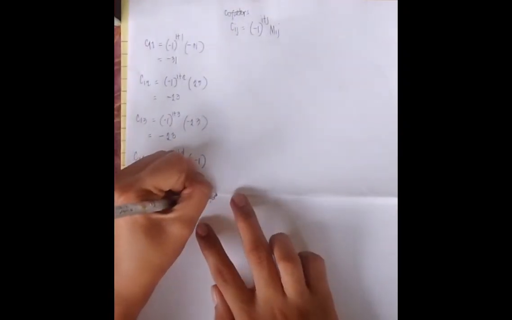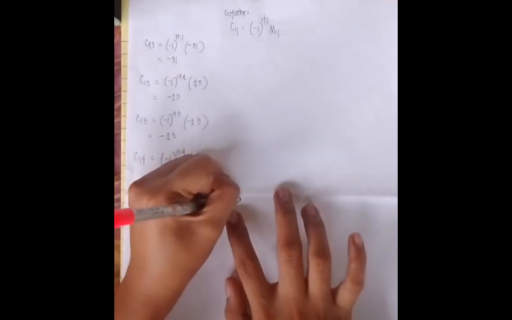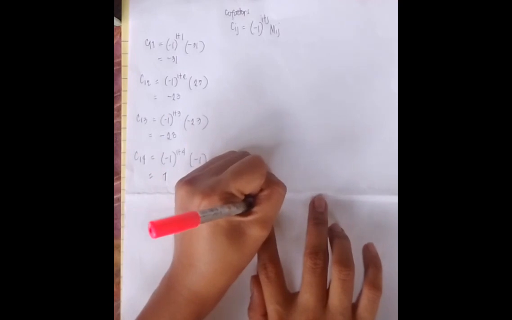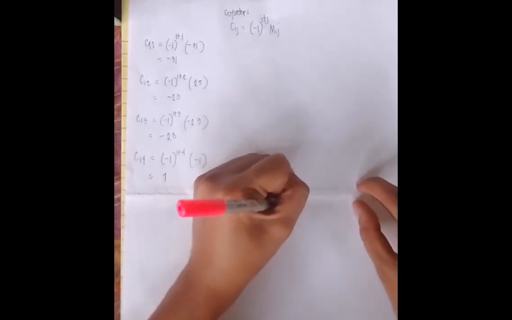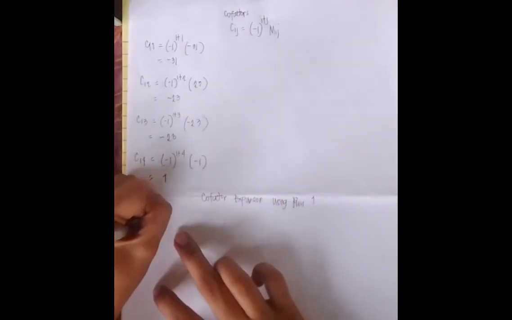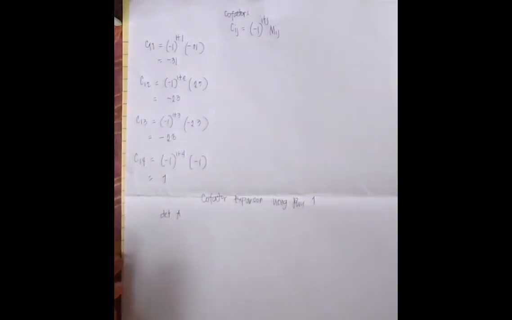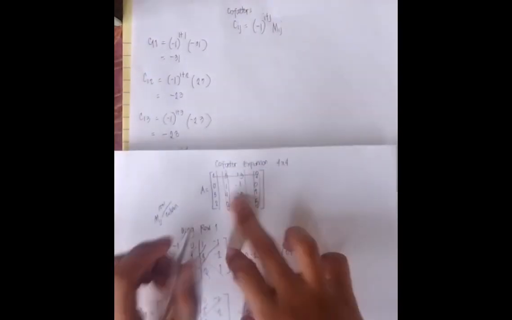Next, solve for the cofactor expansion using row 1. So, the determinant of A, we have here the given for our row 1 are 1, 5, 3, 2.